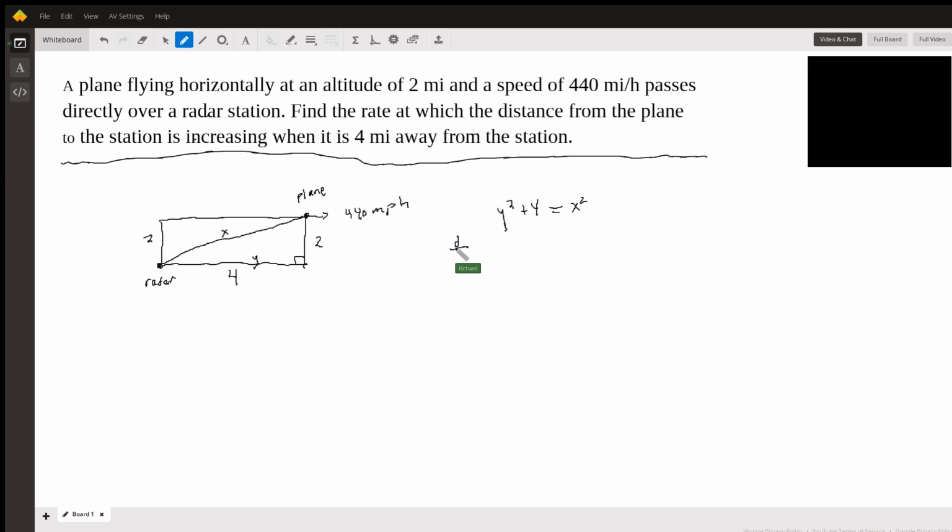So d/dt of this thing is going to be 2y dy/dt plus 0 equals 2x dx/dt.